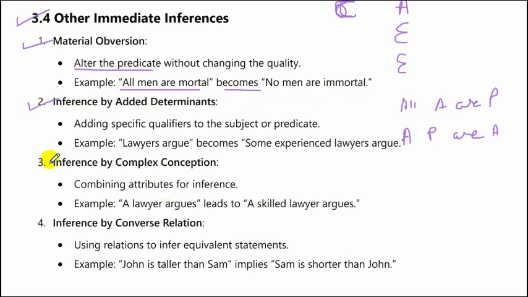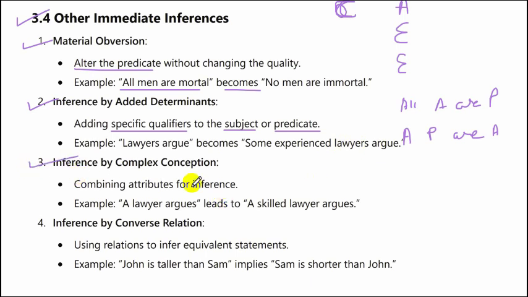Inference by added determinants. Here we add specific qualifiers to the subject or predicate. For example, lawyers argue becomes some experienced lawyers argue.